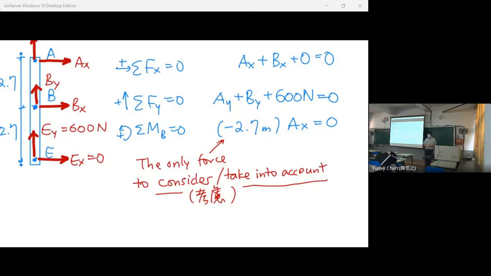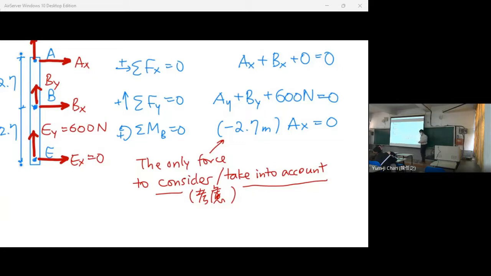We have Ax, we have Bx, we have Ay and we have By. Of course, we cannot get everything from here, but it is okay. This is fine because we have other free body diagrams to come in the next step, right? From this equation we know Ax is equal to 0, and from here this one is equal to 0.